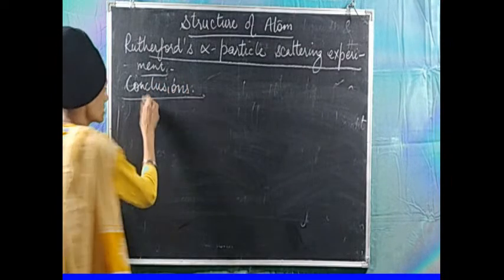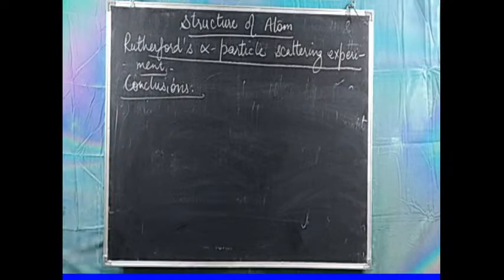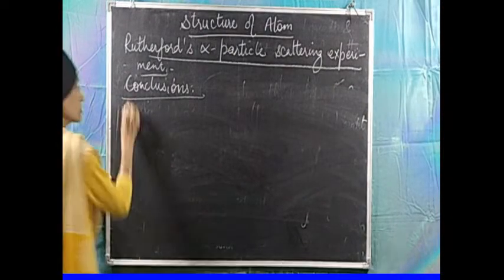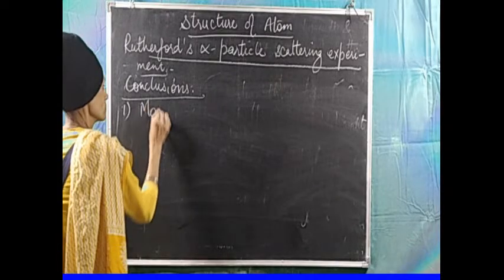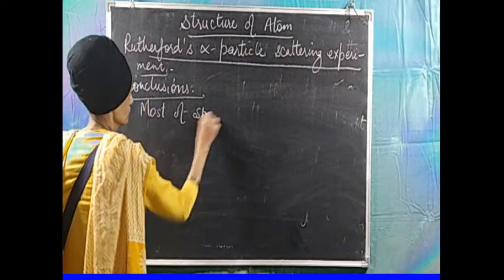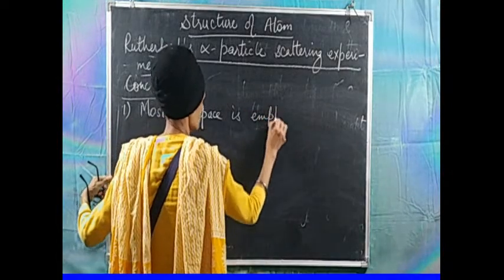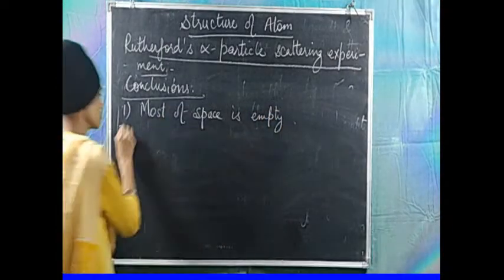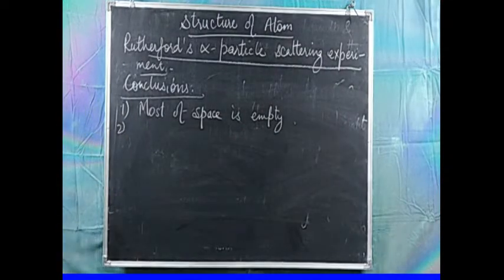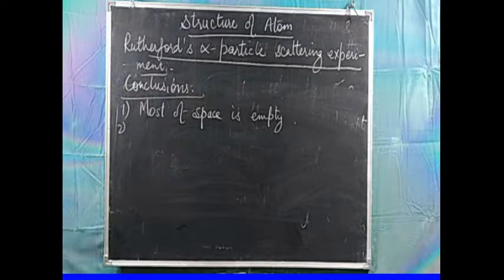First point we discussed was that most of the particles passed straight. That means most of the space in an atom is empty, vacant. That is the reason for passing them straight. Second, few were deflected at angles.